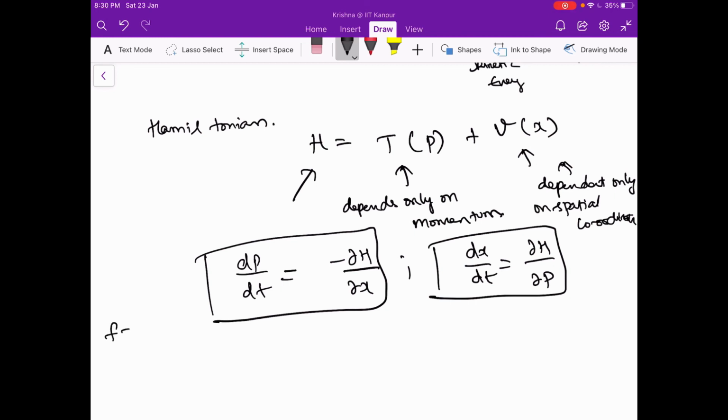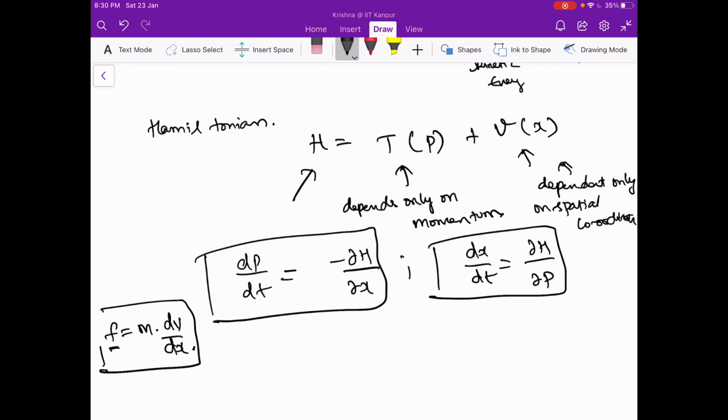Force is mass into acceleration. So if you know the force acting on the body, you can calculate its position and its velocity at each point. You know the momentum and the position at all points. This is how Newtonian physics works.